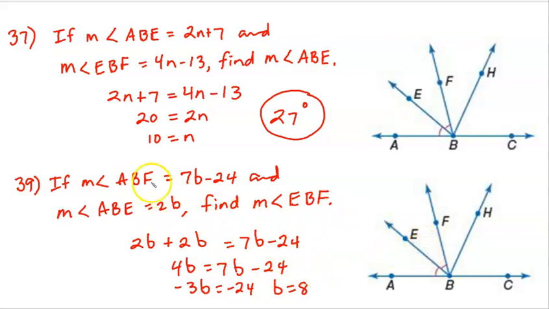Since we're given ABE, let's just use ABE. ABE is 2b, so 2 times 8 is 16. So that means ABE is 16, so of course EBF also has to be 16.